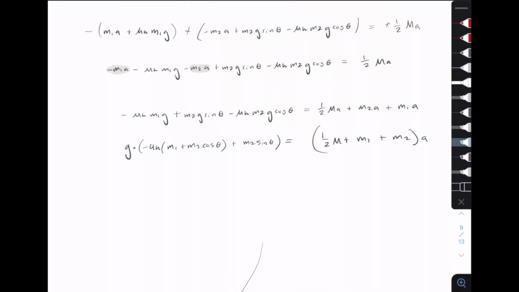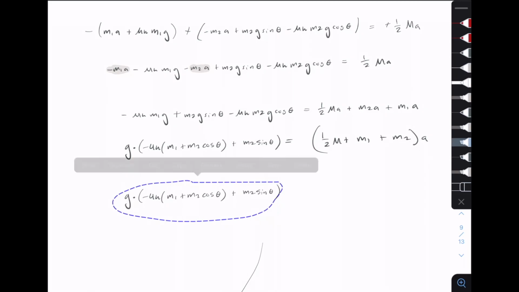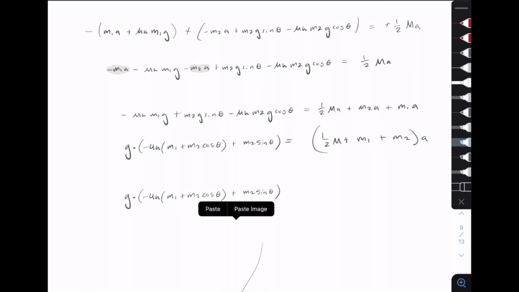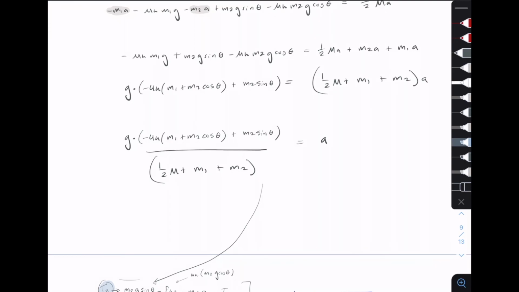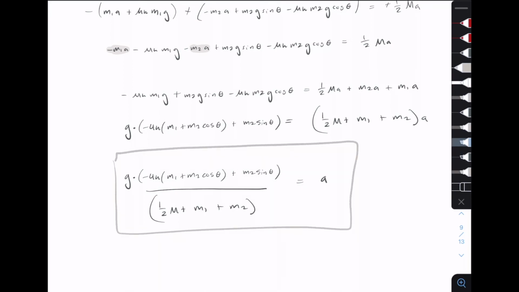Then we divide by this expression to get A. So this is the shared acceleration for both of these blocks. Let me double check that I don't have any negatives off here. M2 sine, yep, and we're good.